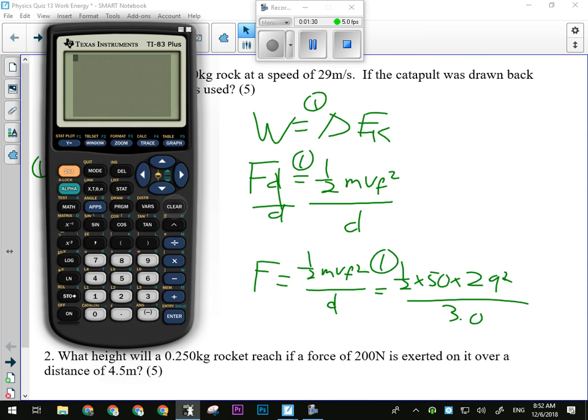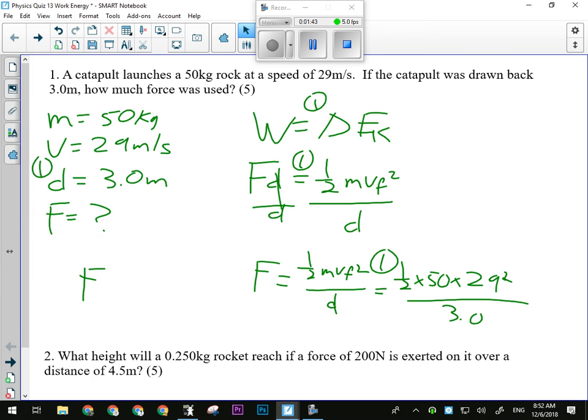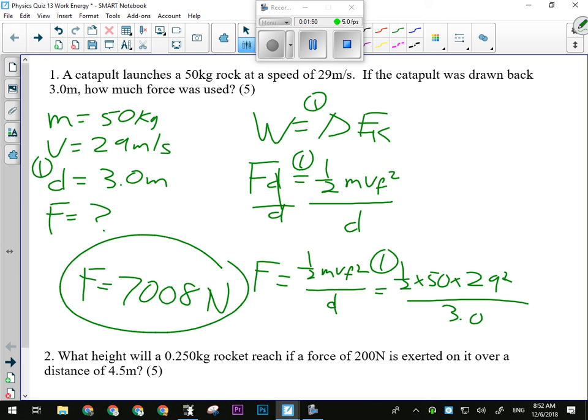In your calculator, we got 0.5 times 50 times 29 squared, divided by 3. We had to use 7,008 newtons worth of force. Fifth and final mark there.